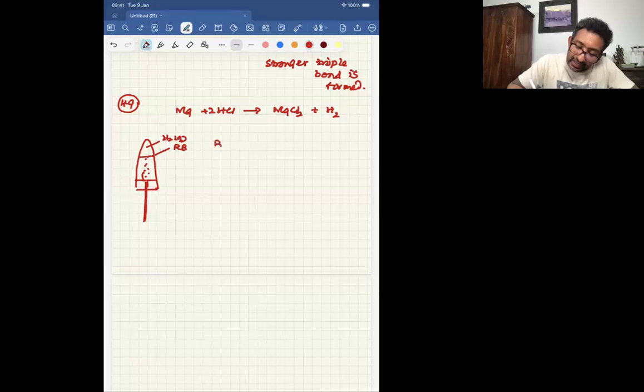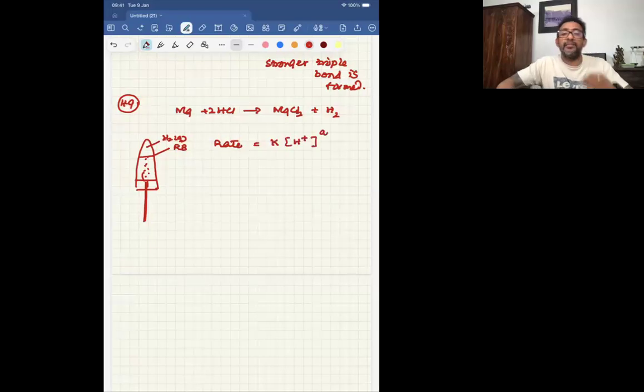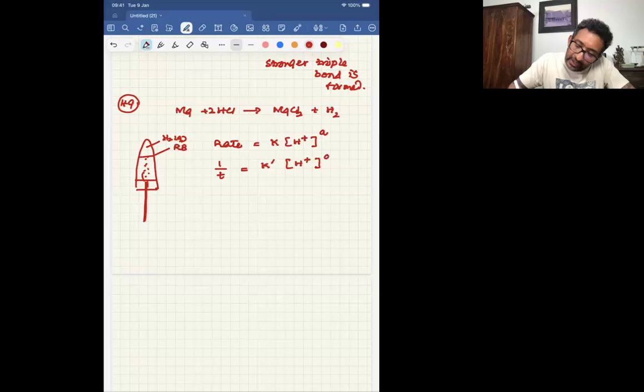So rate is equal to k times H+ concentration to the power a. Because magnesium is a solid, it doesn't depend on the magnesium concentration. Rate is inversely proportional to time. Time is equal to, let us say, k' times H+ ion concentration to the power a.